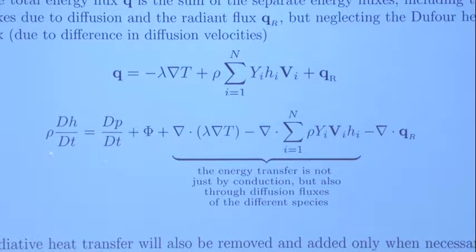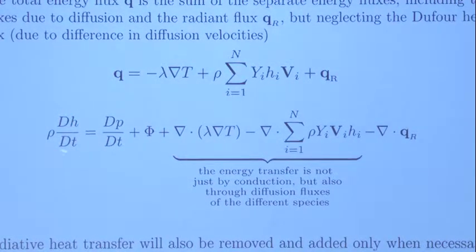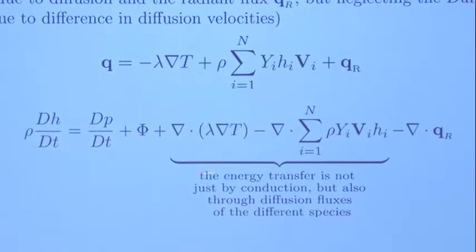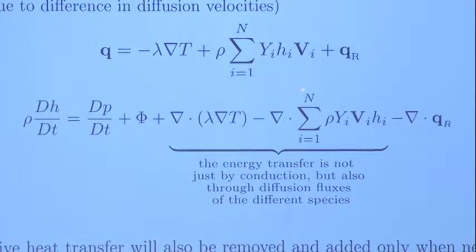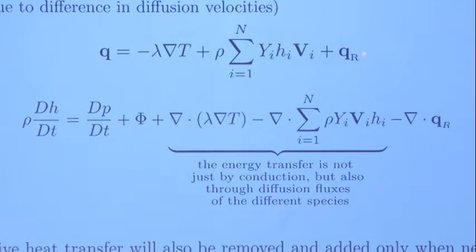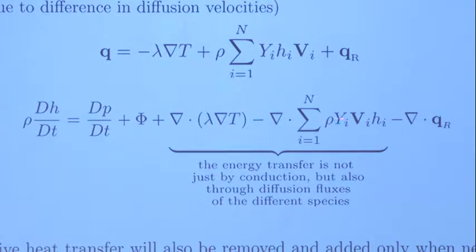So if we go to our energy equation written in terms of the enthalpy, which, if you remember, has taken this form, all I have done here is change the Q and substitute what the different contributions are: the Fourier heat conduction and the diffusion fluxes.